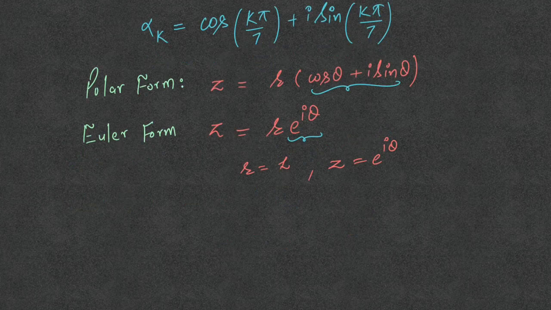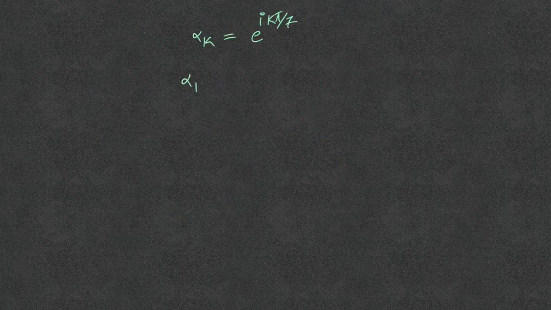Using this, alpha k is equal to e to the power iota k pi by 7. From here I can say alpha k plus 1 is equal to e to the power iota k plus 1 into pi by 7.